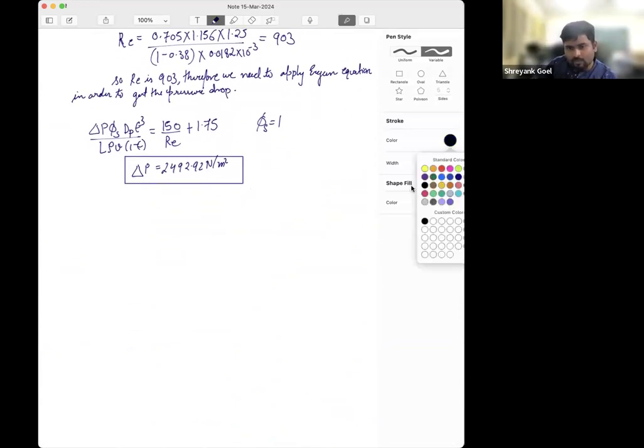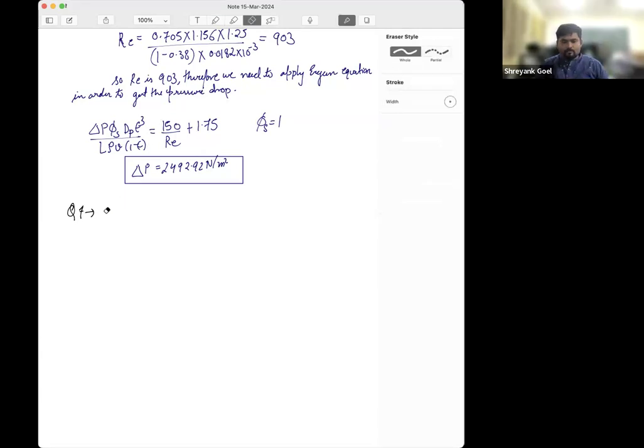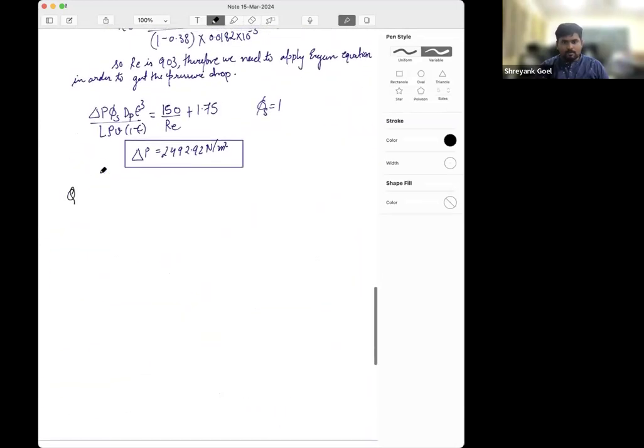The first question is, question number 5. And the question is this: which reactor is favored?